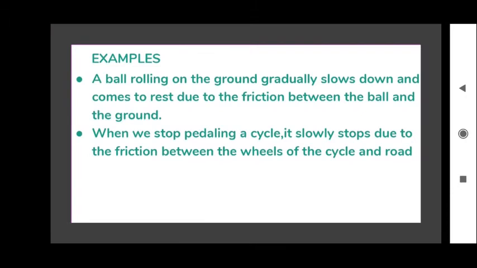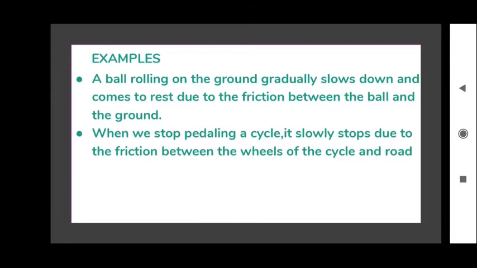Coming to the examples of friction, a ball rolling on the ground gradually slows down and comes to rest due to this frictional force. That is because of the friction between the two objects: one is the ball, another one is the ground. Similarly, when we stop pedaling a cycle, it slowly stops due to the friction again between two objects: one is the wheel of the cycle, another one is the road.